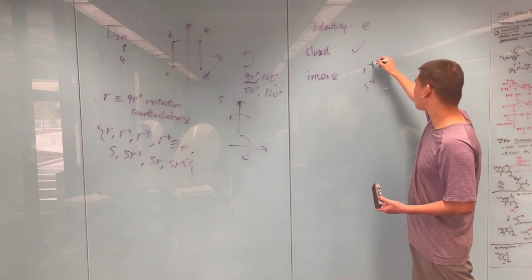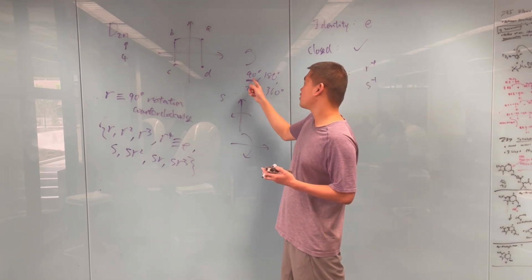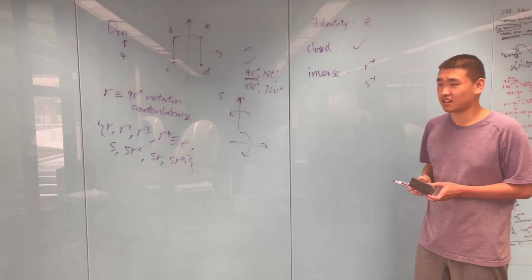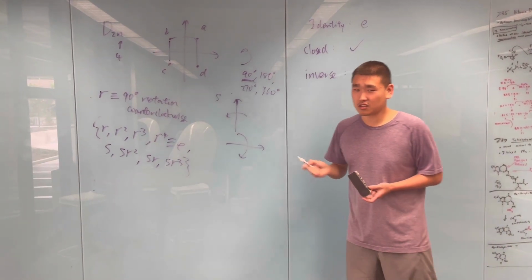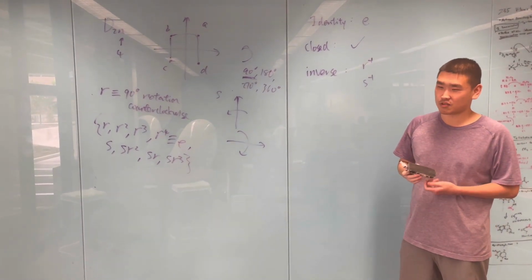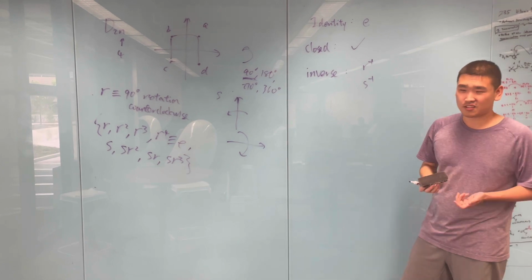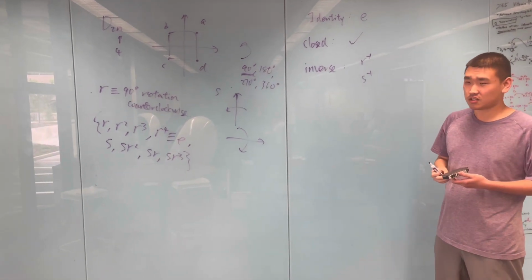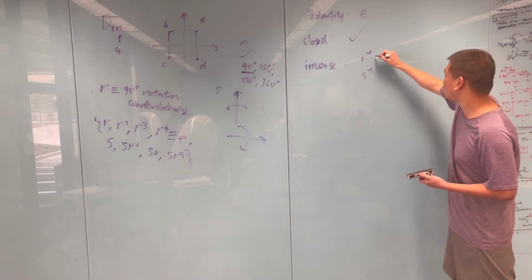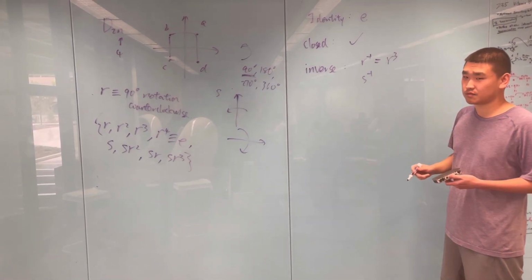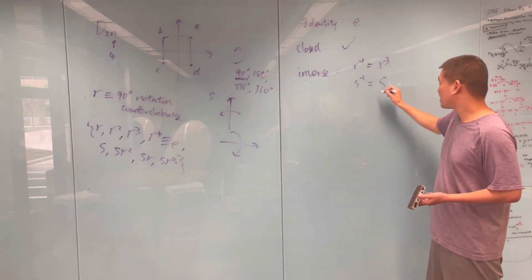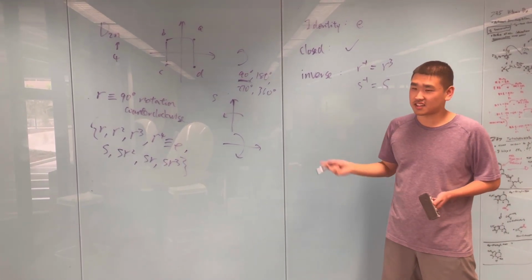Well, what's the inverse of R? R is 90-degree rotation counterclockwise, so the R inverse should be 90-degree clockwise. But a 90-degree clockwise rotation is the same as 270-degree counterclockwise rotation. So the R inverse is just R cubed. And S inverse is just S, because when you do a reflection twice, you do nothing.